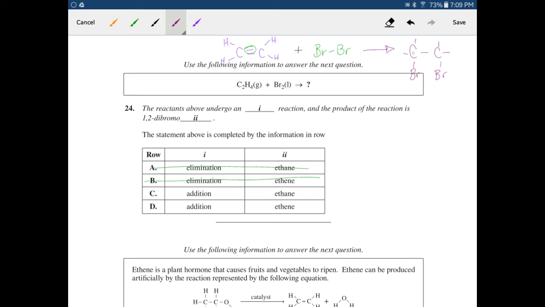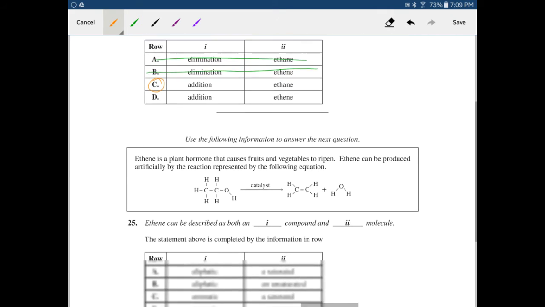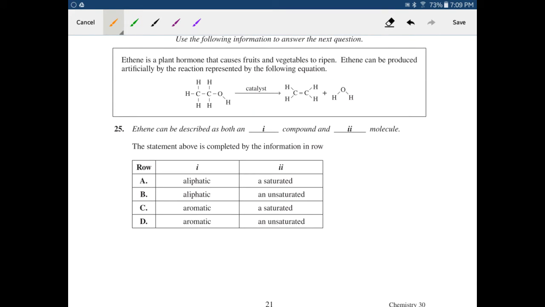Now, since, again, we broke one of the bonds in between the 2 carbons, we no longer have a double bond, so it's not an alkene, it's an alkane. Since we have an alkane, we're dealing with C as the correct answer. So it's ethane.